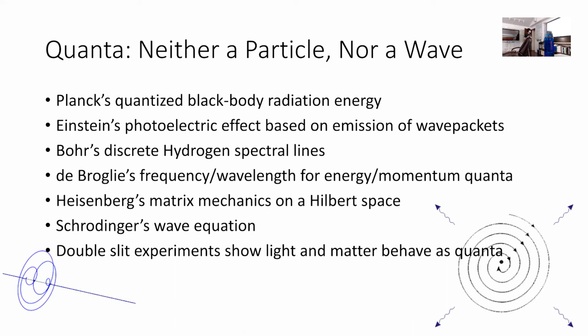And also, it's important to note that the double slit experiment really showed that both light and matter behave similarly like quanta, neither particle nor waves. And what's nice about that list is everything except for the double slit experiment is in chronological order, so it's a really concise, kind of simplified history.